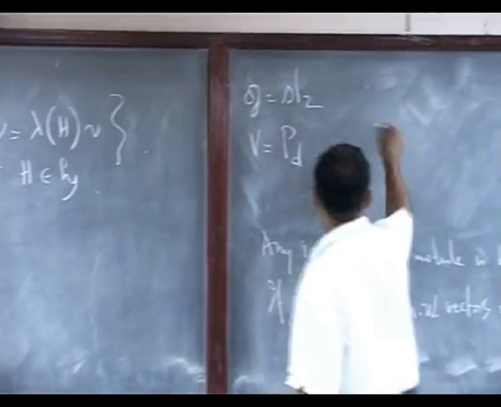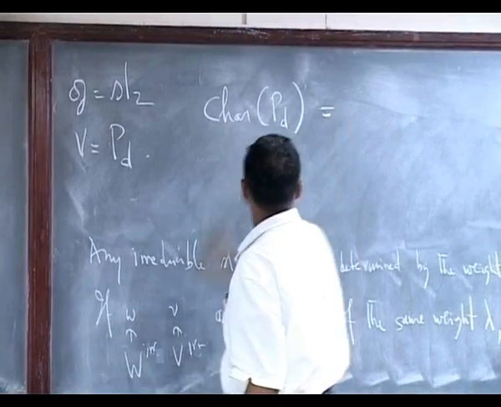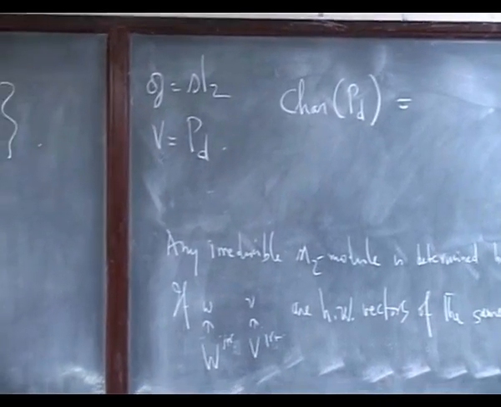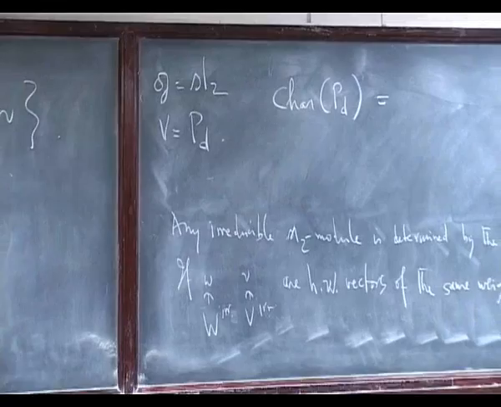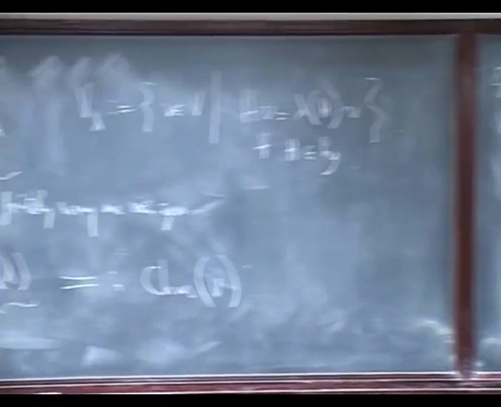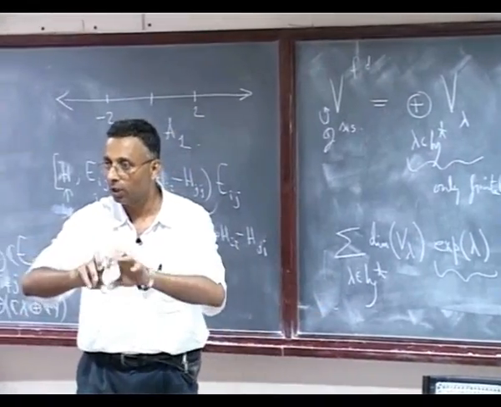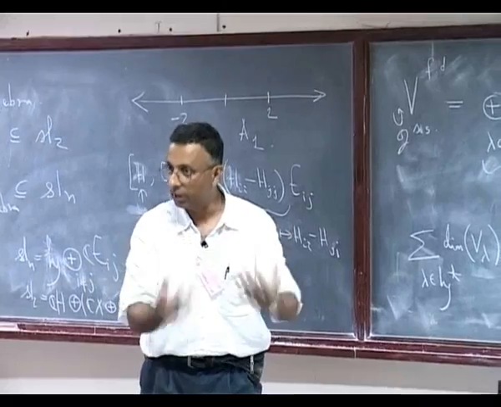Let us write out the character of PD. I have to take PD and decompose it into eigenspaces for the action of the Cartan subalgebra.